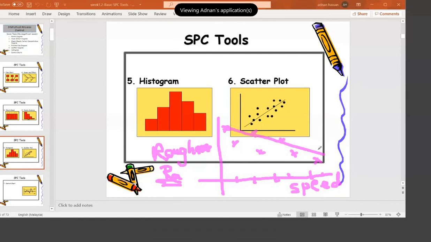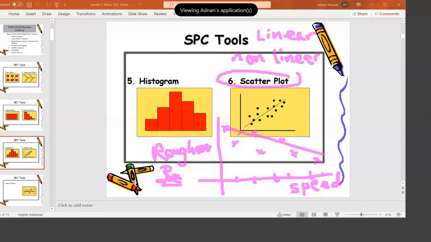Now, another issue with the scatter plot: we assume it is a linear relationship, but sometimes it is non-linear. This is linear, you have only a straight line, but sometimes it is non-linear. We have to see whether it is a straight line or a curvature.